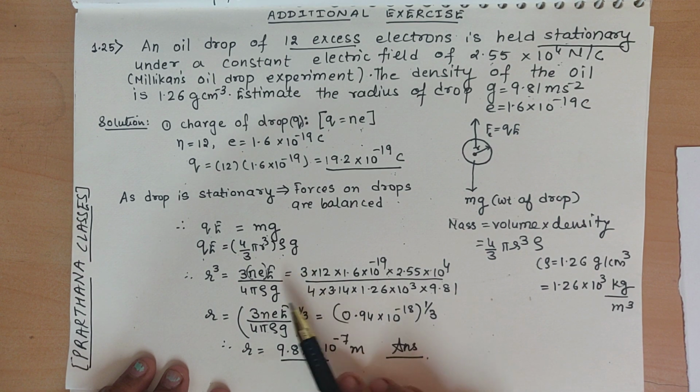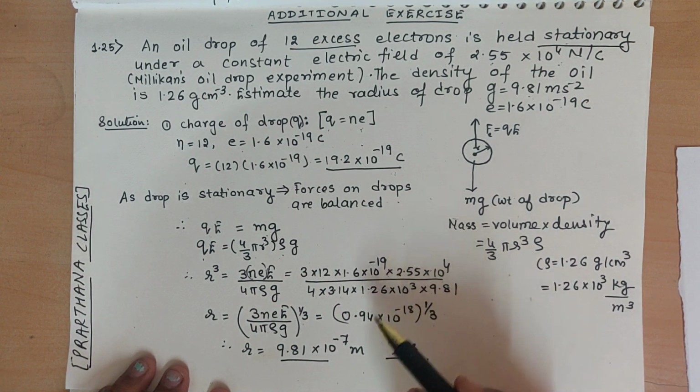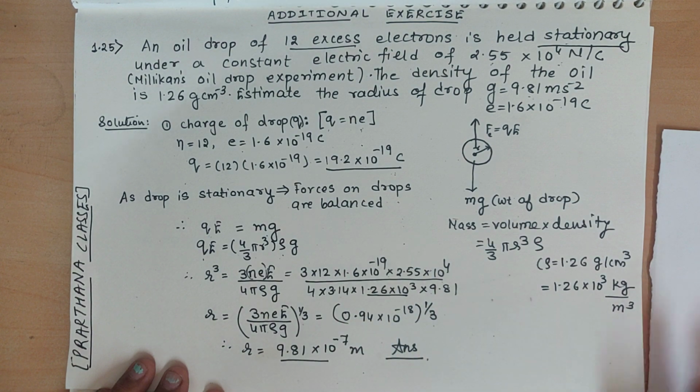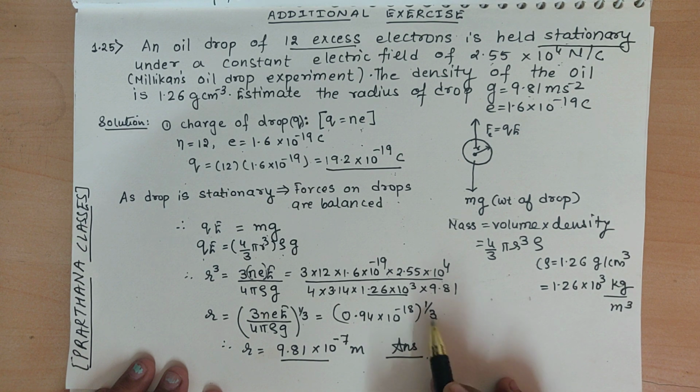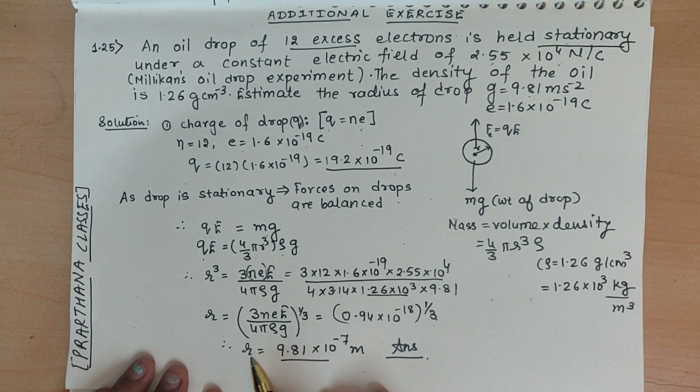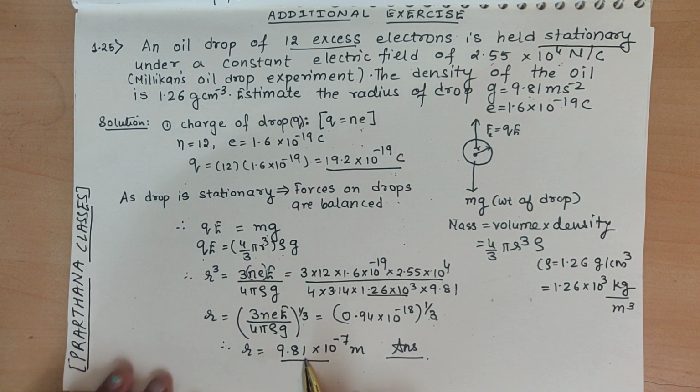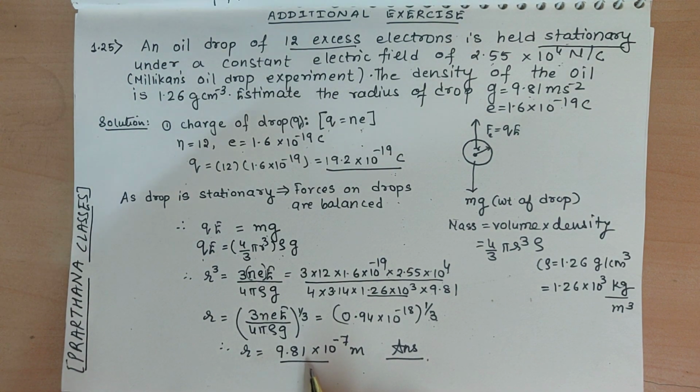Pi value 3.14. ρ, that is 1.26 × 10³, is converted into MKS unit. And g value is 9.81. So this is r³ value, that is 0.94 × 10⁻¹⁸, and you have to find out its cube root. So this value comes out to be 9.81 × 10⁻⁷.